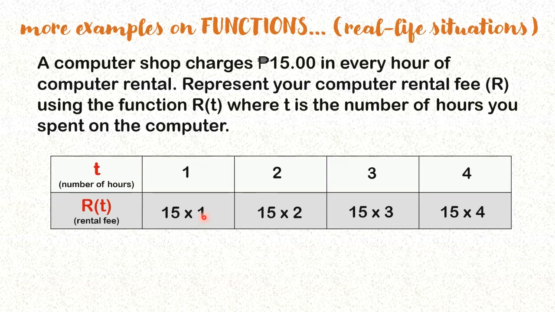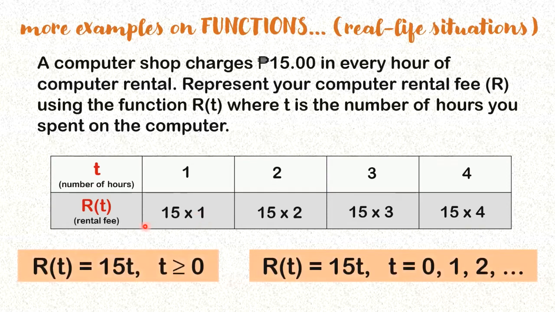Now, I want you to check this. Pareho silang R of T equals 15 times T. Ano yung pagkakaiba? This one, T is greater than or equal to 0. Ito naman, T is equal to 0, 1, 2, and so on. All the non-negative integers.